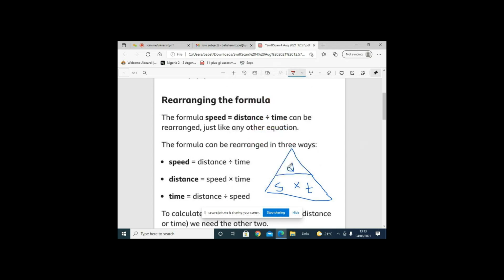If you want to find speed, just divide distance by time. If you want to find out time, you divide distance by speed. That's the time. And if you want to find out distance, you multiply speed and time together. Then you find out the distance.